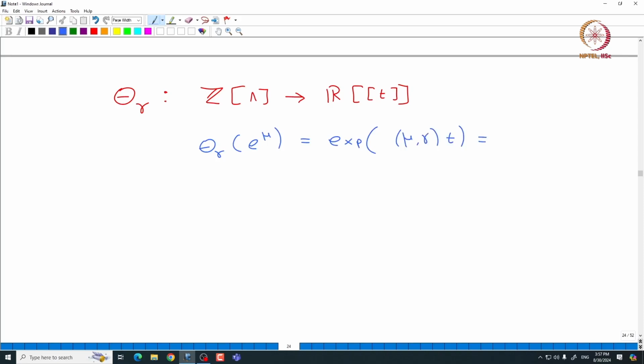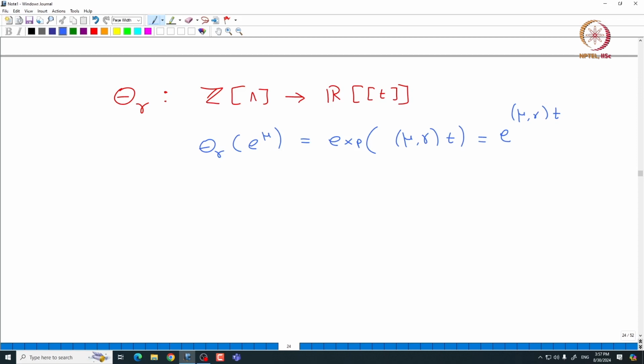Now this is a map from the group ring to the formal power series. You can extend this linearly to all elements of Z[Lambda]. Then you can verify that one can comfortably do computation with this map theta gamma. So, this is indeed an algebra map.